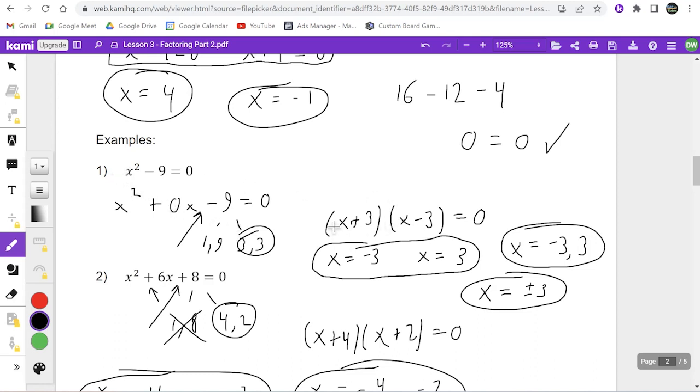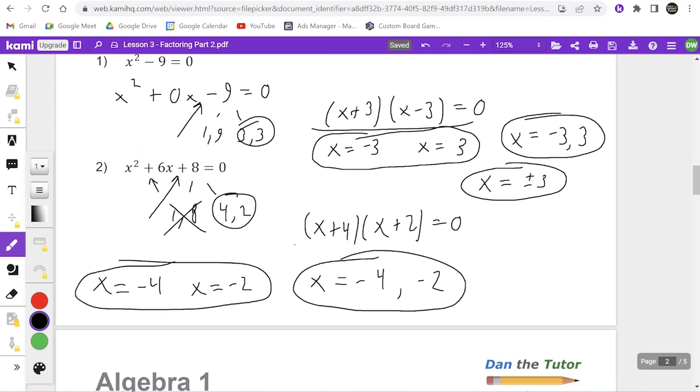And what we did was, when we have x plus 3 times x minus 3, it's just the negative answer. Same thing here. When it was x plus 4 times x plus 2, it was negative 4 and negative 2. The only time you have to set it equal to 0 is when it's not x. It's 3x, 2x, 5x, something like that. But if it's just x plus 2, x minus 1 million, as long as it's an x out in front, that's when you do the negative rule. Got it. Great.